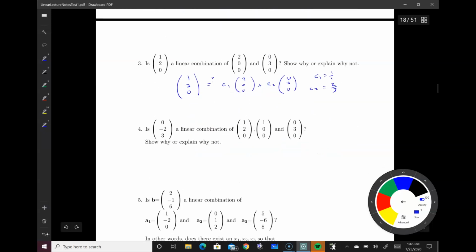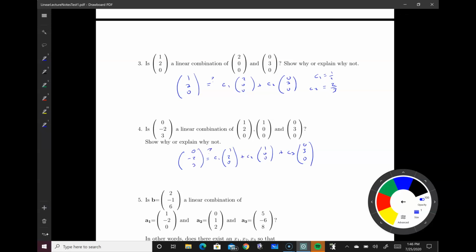All right, how about this next one? Is this 0, -2, 3 a linear combination of these vectors, 1, 0, 0 plus c3 times 0, 3, 0? So is this true?